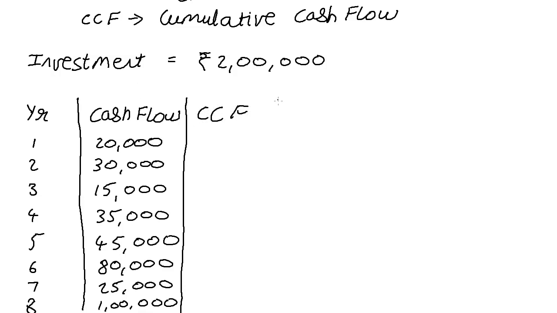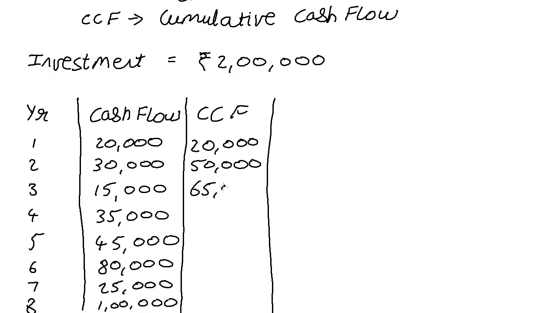Anyway, going forward, the first number we write as it is, and then we add the number of the year. So 20 plus 30 gives us 50,000. 50 plus 15 gives us 65. 65 plus 35 gives me 1 lakh. 1 lakh plus 45 gives me 1 lakh 45.